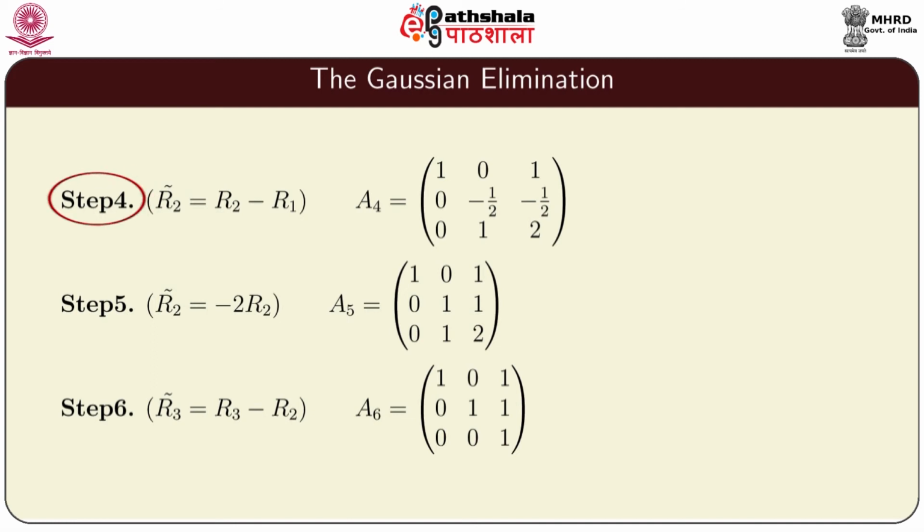Look at step 4. R2 tilde is equal to minus R3 plus R2. And then step 5, R1 tilde is equal to minus R3 plus R1.